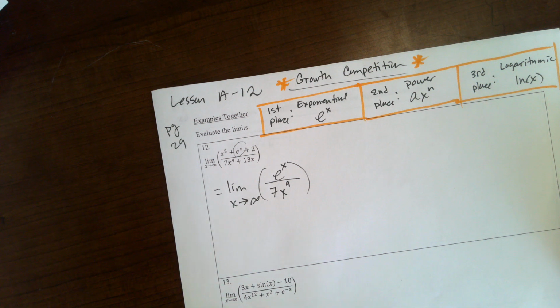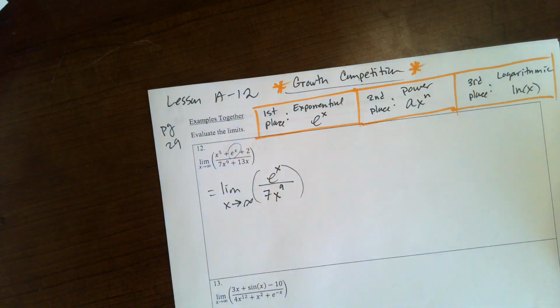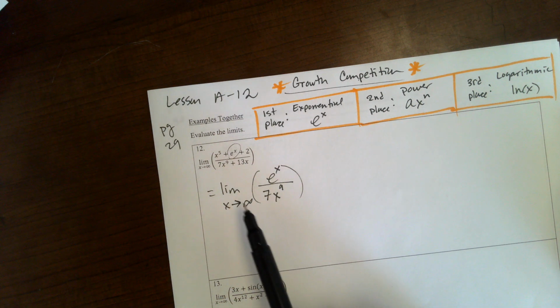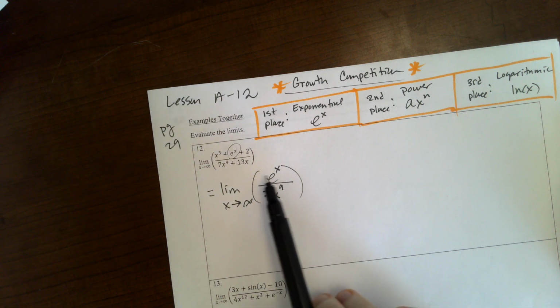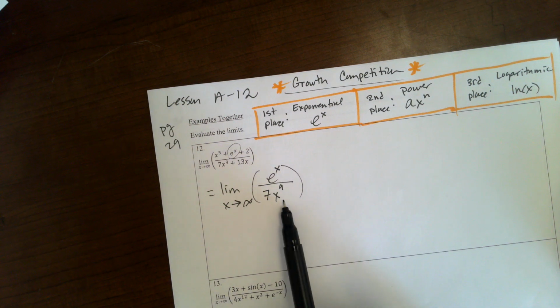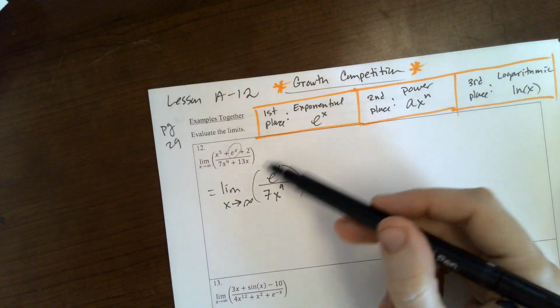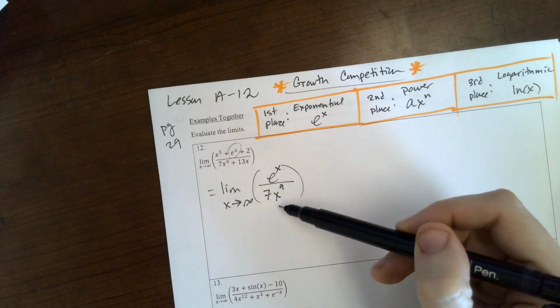Okay. Now, we can't really simplify here, but as x approaches infinity, e to the x is going to win over this power function. All right. Sorry, I'm interrupting myself, but if you can simplify here, guys, you should.